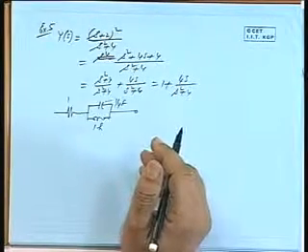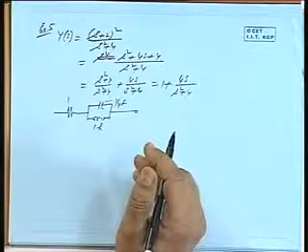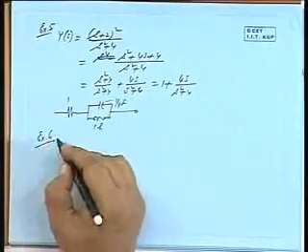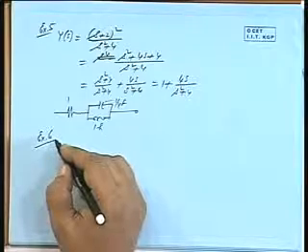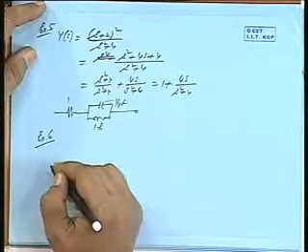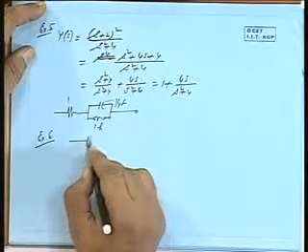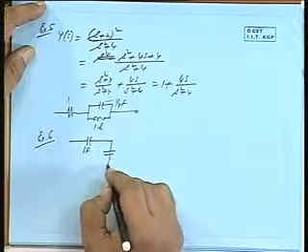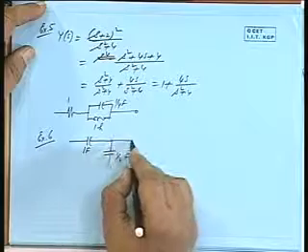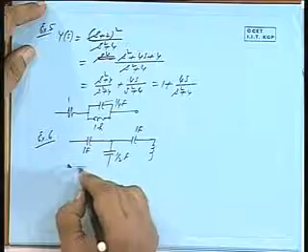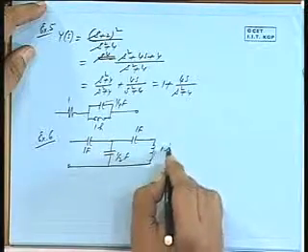There is a very interesting problem on LC network. There is a network: 1 farad, half a farad, 1 farad, and 1 Henry.